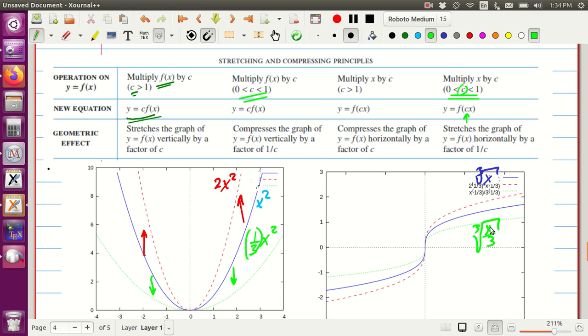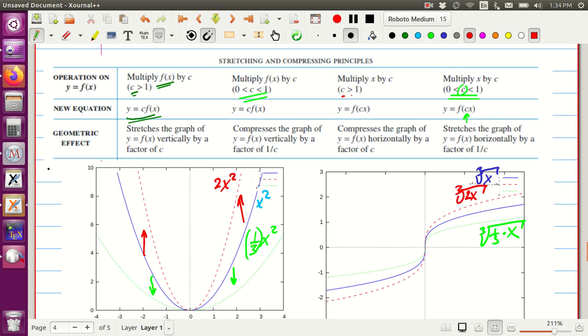Because you can write this as cube root of 1/3 times x. And in red we have cube root of 2x.